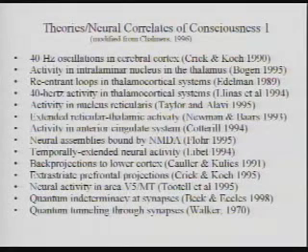Crick and Koch think that visual consciousness does not occur in V1, but actually is projected to prefrontal areas where it becomes conscious, and they have some evidence for that.